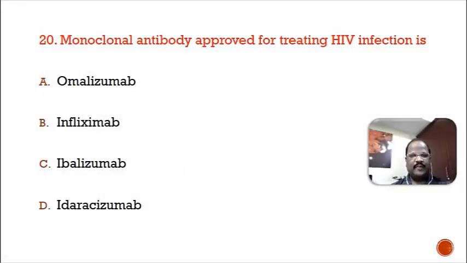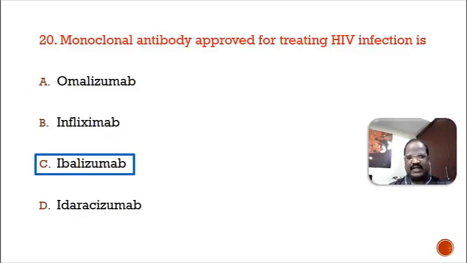Question number 20. Monoclonal antibody approved for treating HIV infection is, options are omalizumab, infliximab, ibalizumab, and idarucizumab. It's one important question, doctor. The answer for the question is option number C, ibalizumab. Remember, ibalizumab, one of the latest drugs approved for treatment of HIV infection.